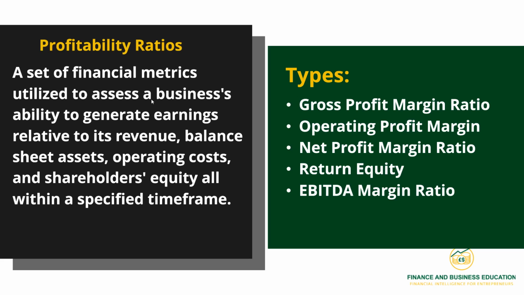Return on equity, obviously ROE, is the income that you have for the year divided by sales. EBITDA is a very, very important measure for profitability, which is earnings before interest, tax, depreciation, and amortization. I'm not going to go into EBITDA so much today, but you can research it.